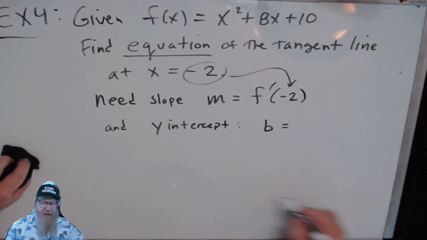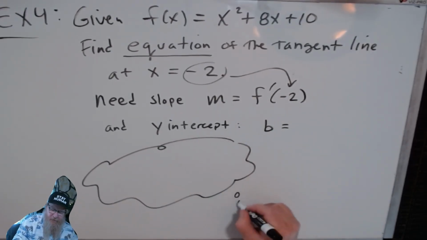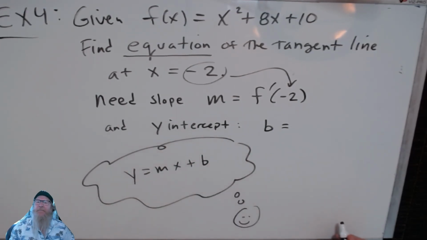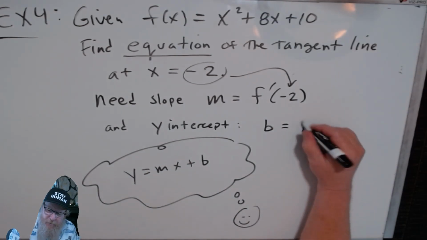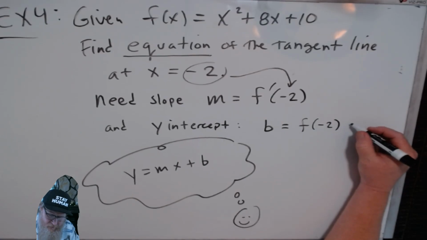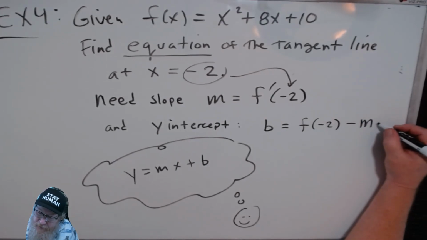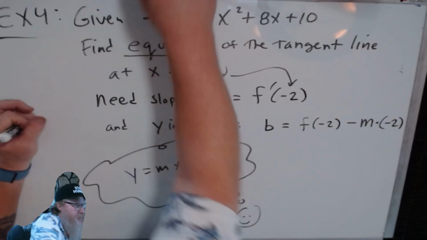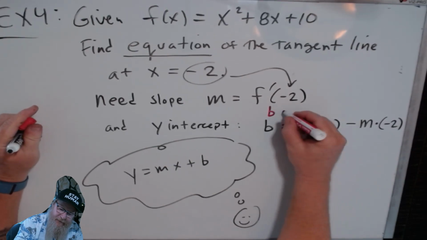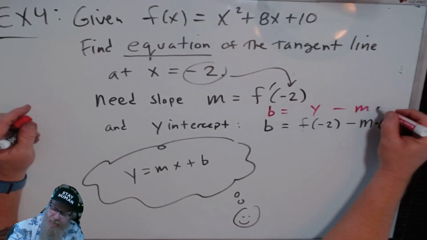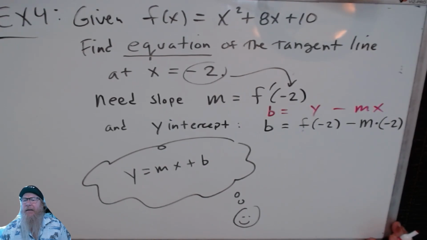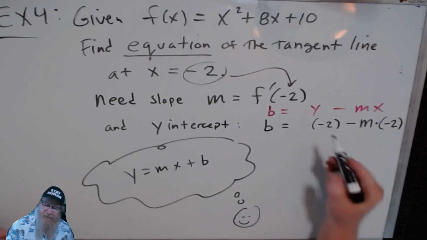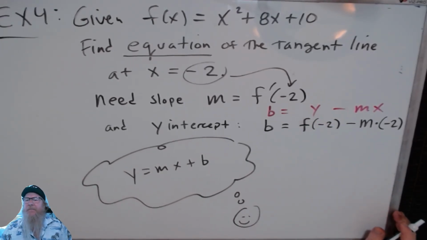Now, I don't know if you remember the formula for it, but I'm going to do a little cloud here. y equals mx plus b. And so that means b equals f of negative 2 minus m times negative 2. In other words, b is y minus mx. So we need to find both of these things.